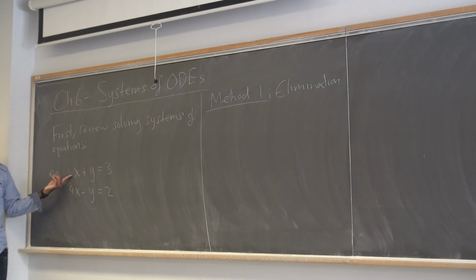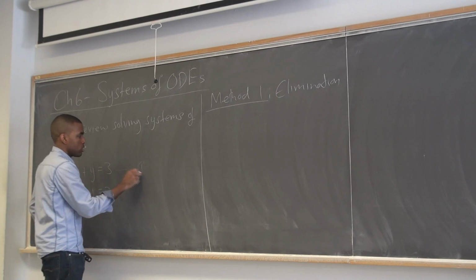If I wanted to eliminate the x though, what I could have done was multiply this equation by -4, and then I can add it to this and kill the x, right? But that would be working slightly harder because we get the y's for free. I can just add them now. I don't need to multiply. But in general, that's the idea. You want to multiply one or both equations by something that makes one of the variables the opposite, and then you add them together to eliminate that variable. That's why it's called elimination.